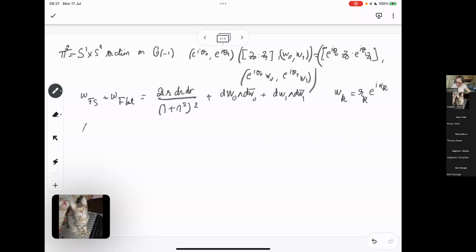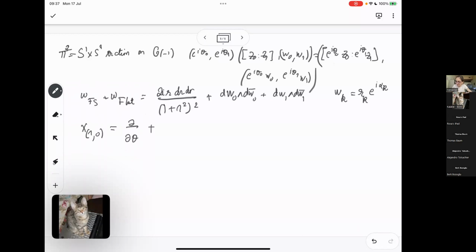Now we have to calculate two vector fields, and we'll have two components of the moment map. For this one, there is a part on CP1 which is exactly the same as before, because e^{iθ0} acts now as it used to act on CP1. So there's a d/dθ part. And how does it act on C2?